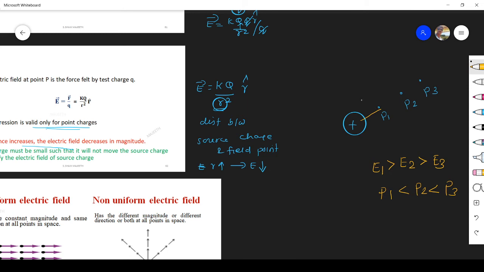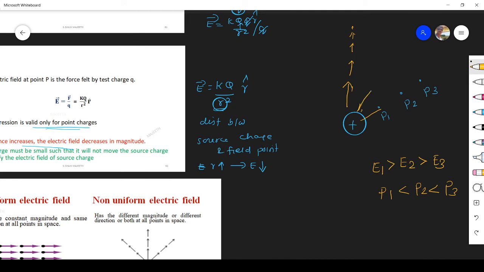So when distance increases, the electric field decreases. That's why, when we draw the diagram, nearby we will have big lines, and after that we reduce the length of the line. The length indicates the magnitude of the electric field. So when distance increases, the electric field magnitude is decreasing.